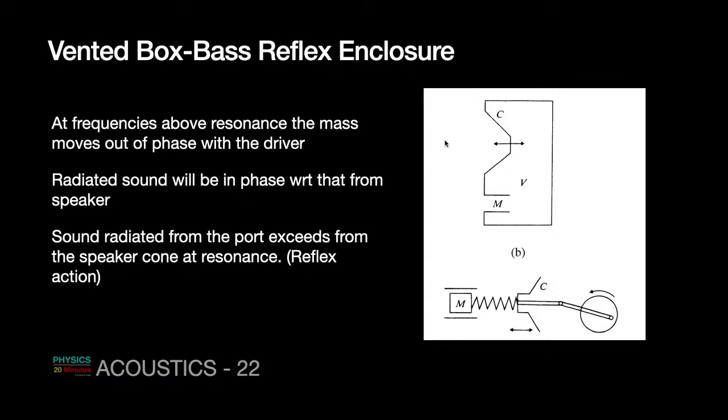That's the point: the sound radiated from the port exceeds that radiated from the speaker, but at resonance. Remember that. So what we are basically doing is using the back wave. We are giving a path to the back wave to get emitted in the front and somehow correlating with the speaker and balancing the two to produce a larger output.